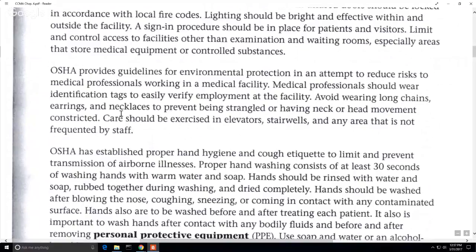Then come the OSHA guidelines. OSHA provides guidelines for environmental protection in an attempt to reduce risk to medical professionals working in a medical facility. Medical professionals should wear identification tags to easily verify employment at the facility.